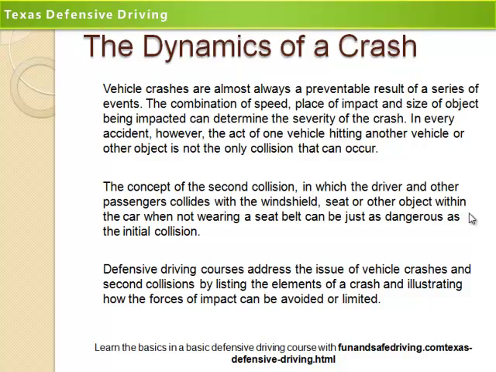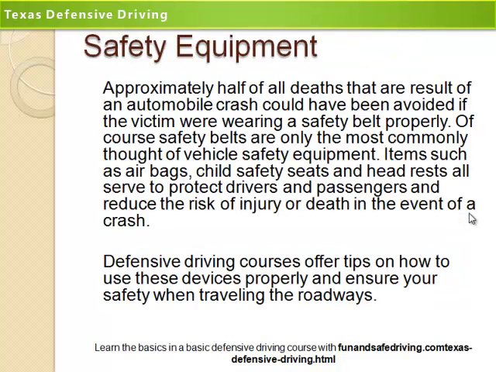The concept of the second collision, in which a driver and other passengers collide with the windshield, seat, or other object within the car when not wearing a seatbelt, can be just as dangerous as the initial collision. Defensive driving courses address the issue of vehicle crashes and second collisions by listing the elements of a crash and illustrating how the forces of impact can be avoided or limited.